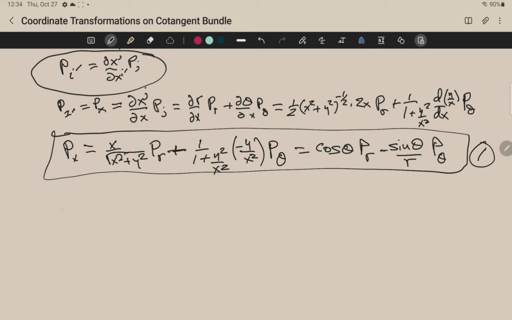And use that formula again. This time it's going to be py, so partial r partial y times pr, plus partial theta partial y times p theta.